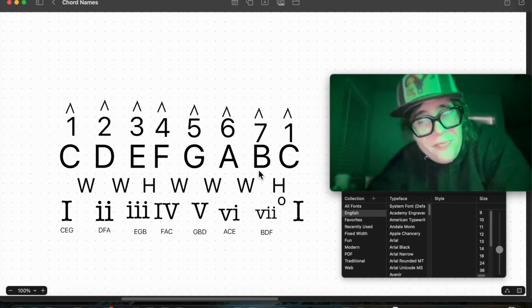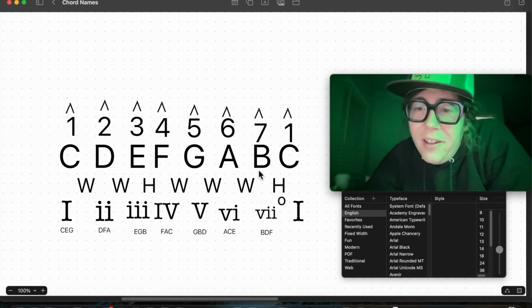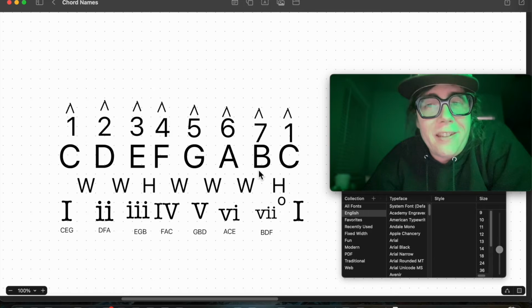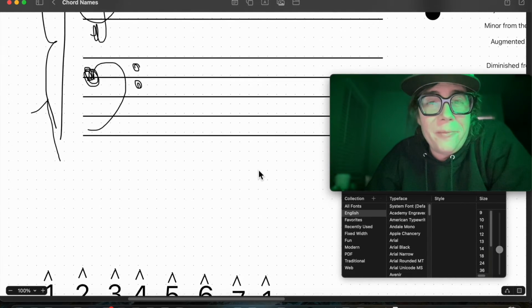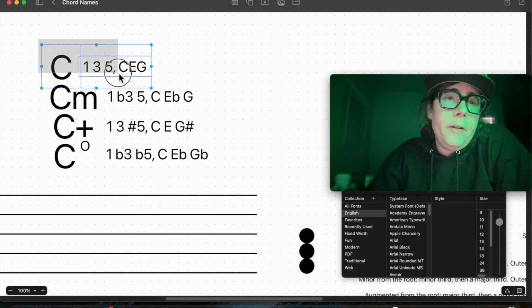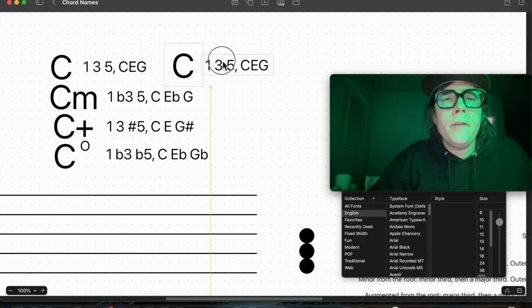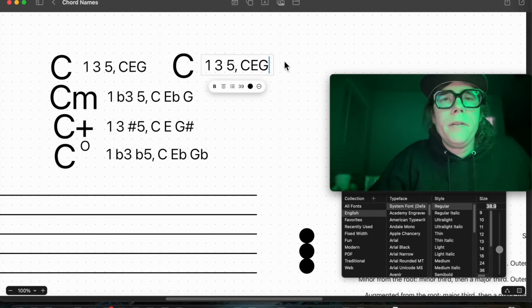Okay, danger. Pay close attention here. There is a fine detail that drives a lot of people crazy. Go up here, and I'm gonna copy this one and alter it. Make this guy a little bigger.